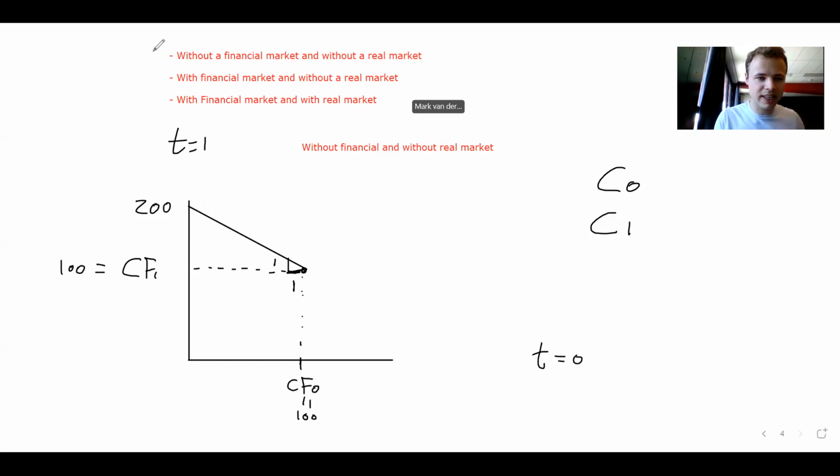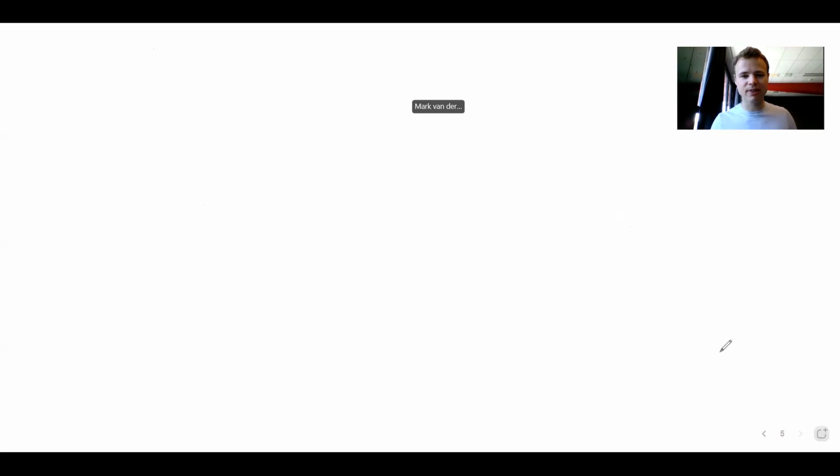Now we go to the next one. That's when you introduce a financial market. How does it look then? So what if you have a financial market and without a real market? Then we can basically make the same sketch.